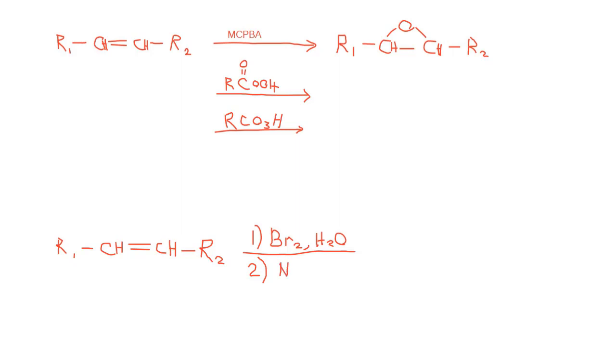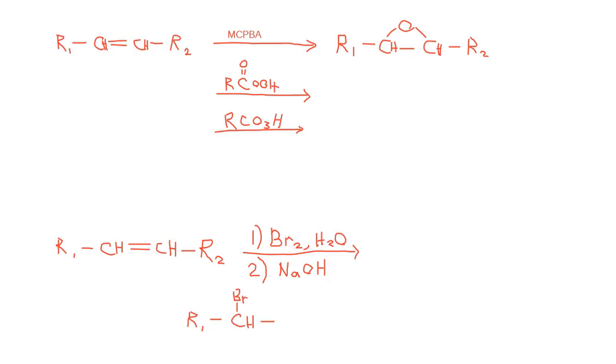Then you follow that up with NaOH. What the NaOH is going to do is provide a base in order to rip off the hydrogen from the halohydrin. So the halohydrin intermediate is going to look something like this. You're going to have a bromine here.